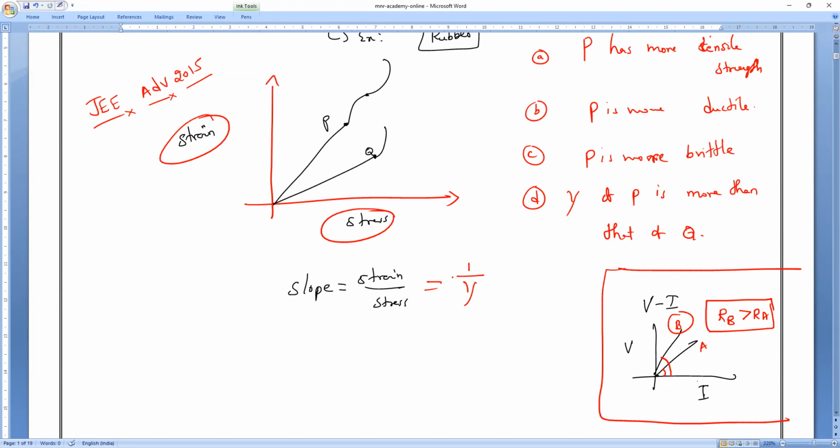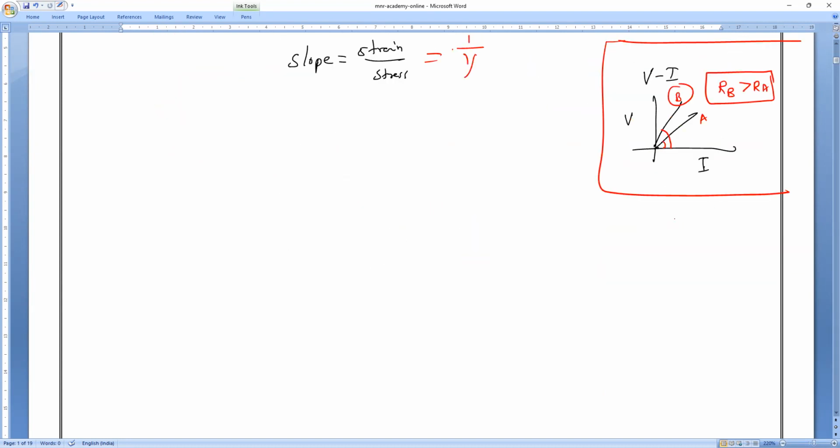Similarly, in class 10 while studying the IV graph, with I on the y-axis and V on the x-axis, R is not the slope. Here R is equal to the slope of the graph.